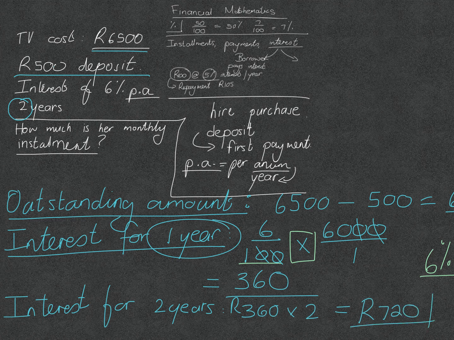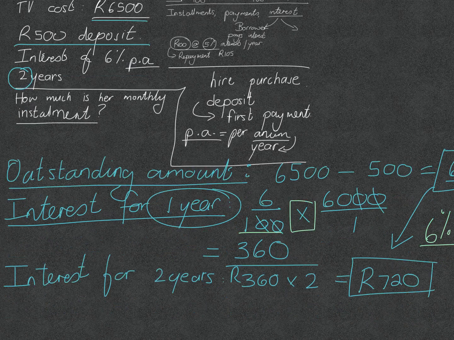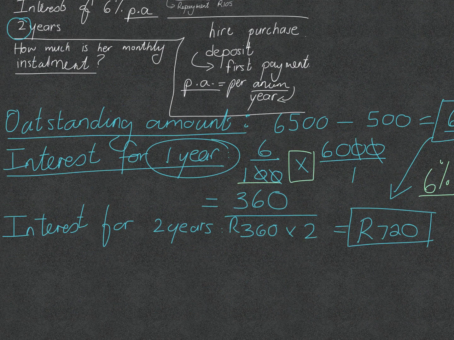So she is not going to pay 6,000 Rand, she's going to pay in total 6,000 plus 720 Rand for this television that she has purchased per hire purchase agreement.